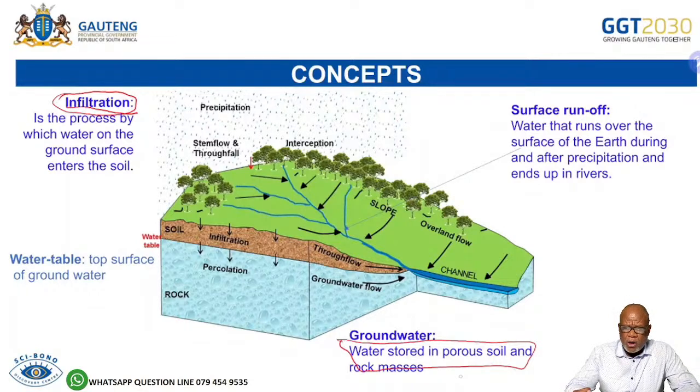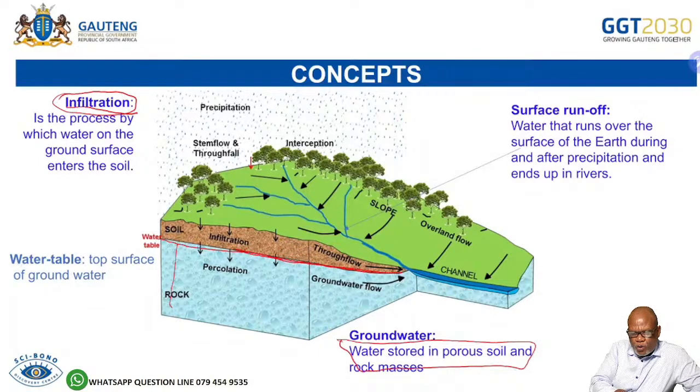Then we have the water table. You can see here is the water that is within the earth surface. We have the water beneath the earth surface. This top surface of groundwater is what we call the water table. The water table is going to vary in height.